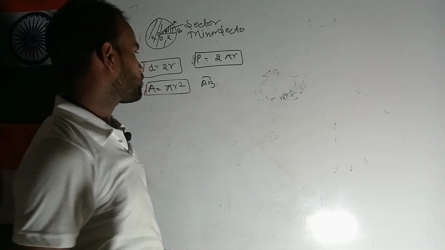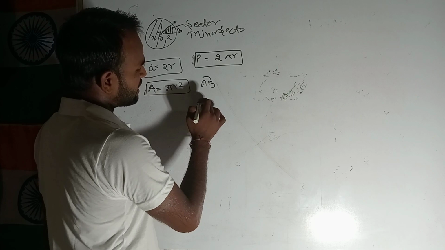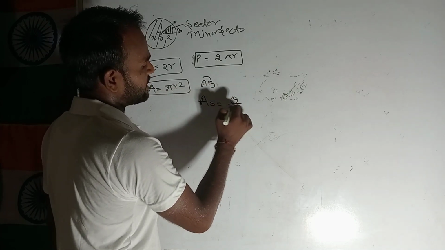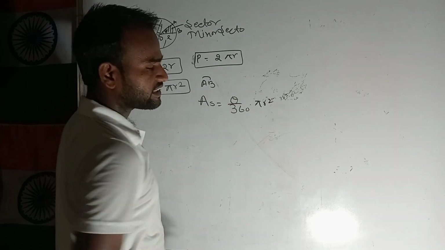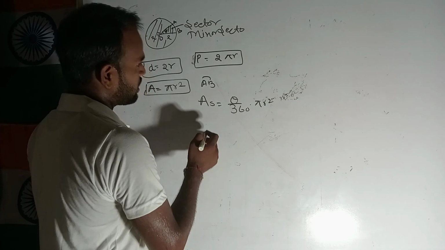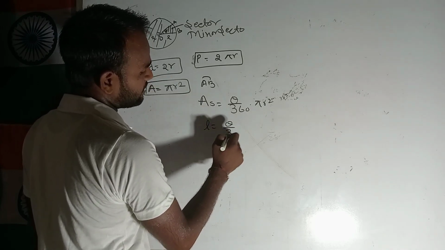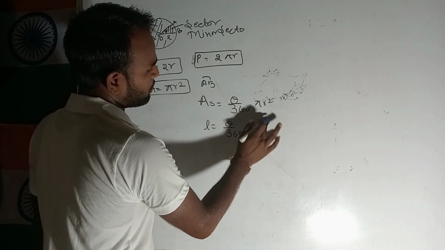The next point: what is the area of the sector? Let me denote A for area, S for sector. The area of the sector is theta upon 360 into pi into r square. What is the length of arc? The length of arc equals theta upon 360 into 2 pi r.